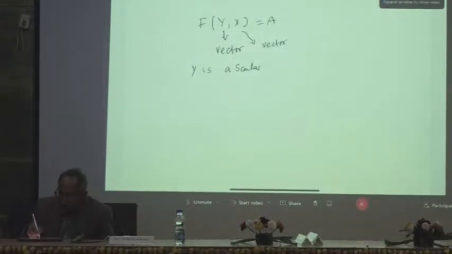Then from this production function, you can simply write y as a function of x. But if you have multiple outputs, then you cannot do that. So we don't call this a production function. We call this a transformation function. Just a different name.